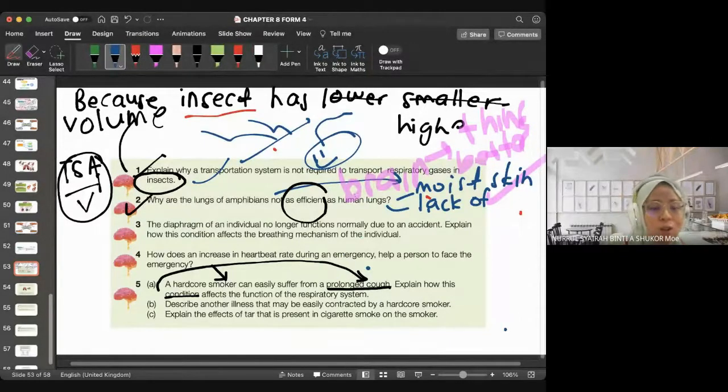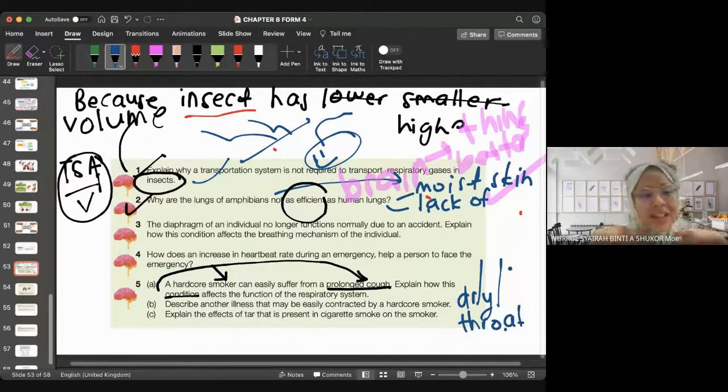Alright. So, cough. Bila you constantly cough, alright, dia akan irritate you punya airways kat sini. You punya tengkuk kat situ. Dia akan buat you punya throat dry. Lagi satu, bila you ada mucus. Mucus ni maksud dia hingus lah, macam tu kan. Lendir dekat sini.